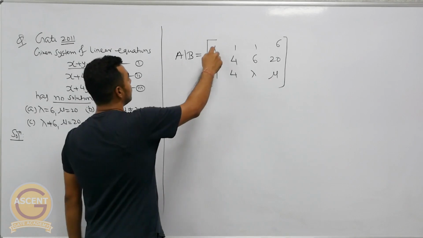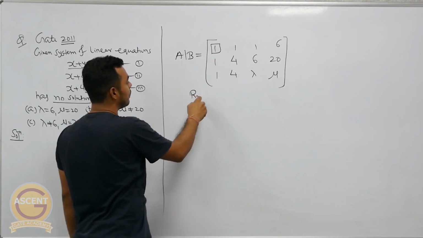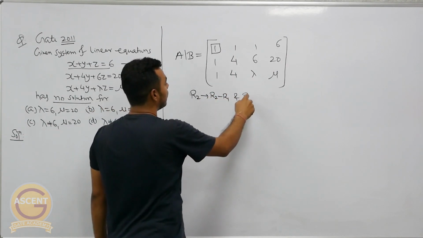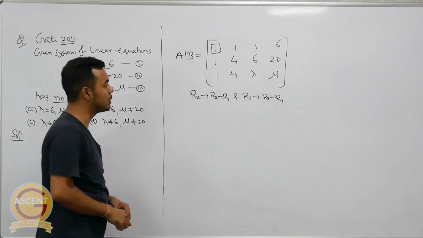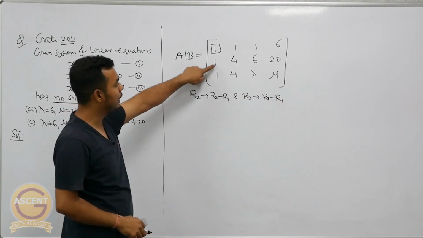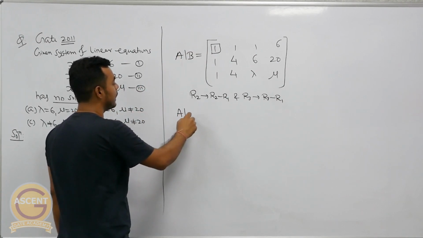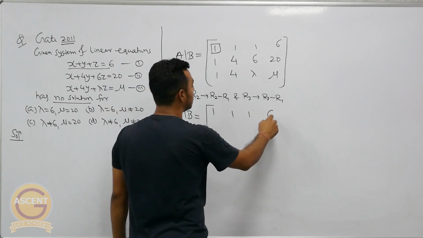So this is our first pivot element, and we have to create 0 below this element. So we are going to perform the operations R2 goes to R2 minus R1, and R3 goes to R3 minus R1. If I perform these two operations, then we can create 0 below this pivot element 1. So our augmented matrix A|B will be: the first row is 1, 1, 1, 6.